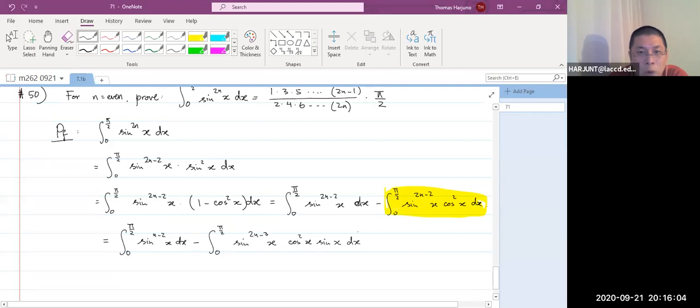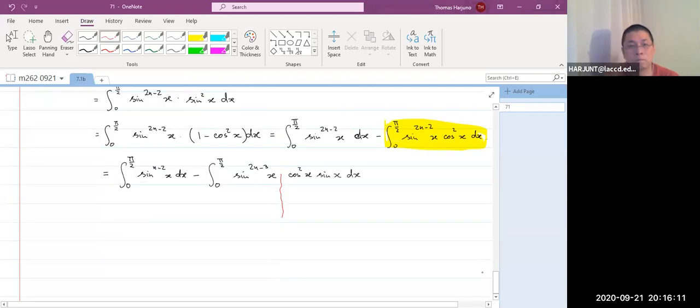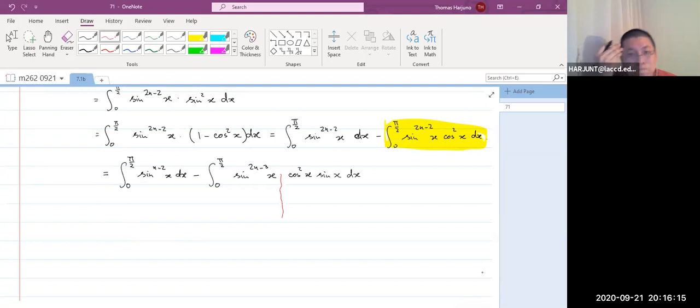So I pull one of the sine x out to help me integrate the one on the right hand side later on. Let's hope that this works.